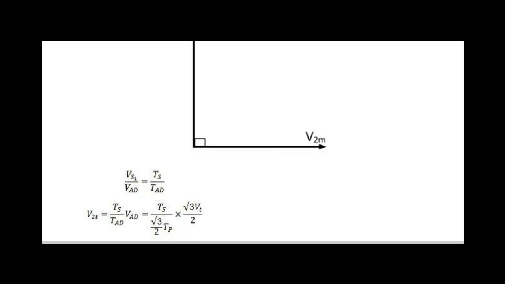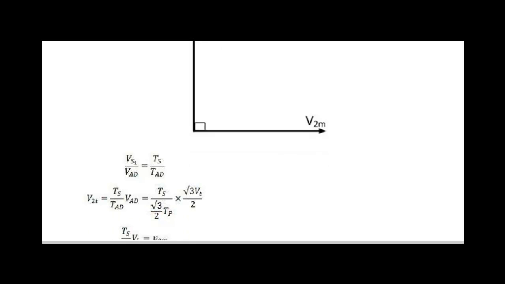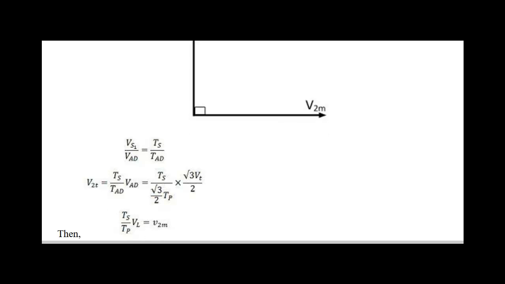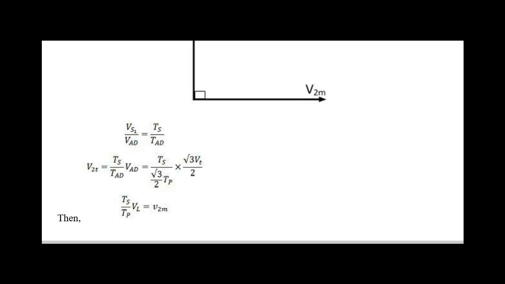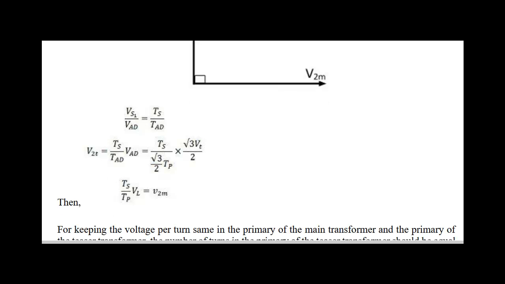Now equate the ratios: voltage ratio and turn ratio. V2T equals Ts upon TAD into VAD.